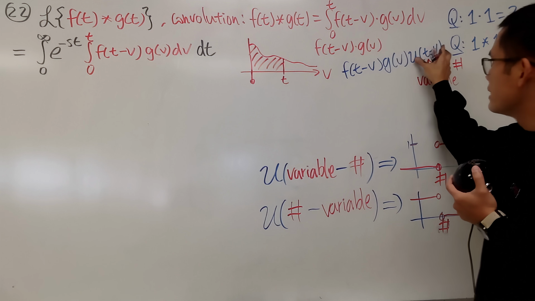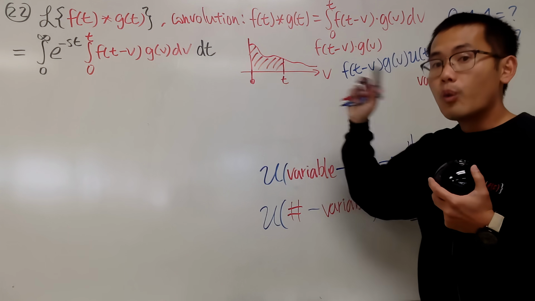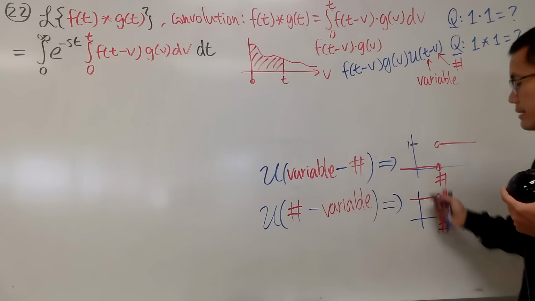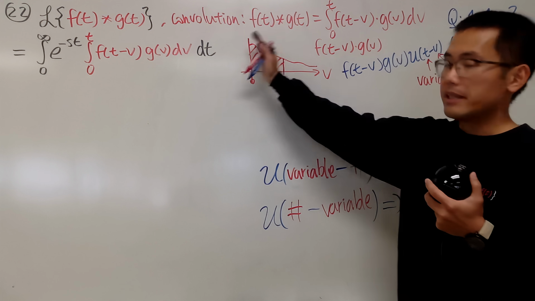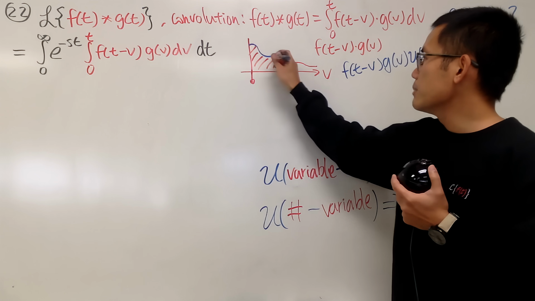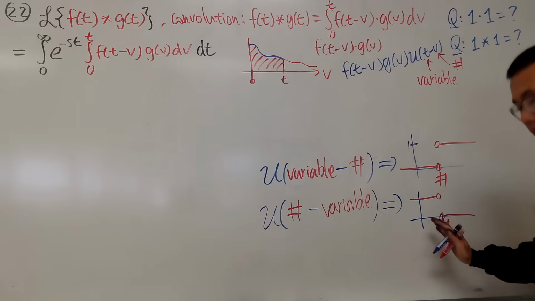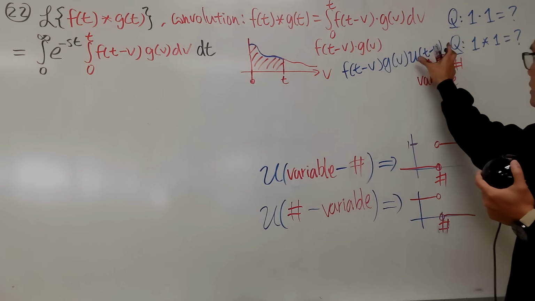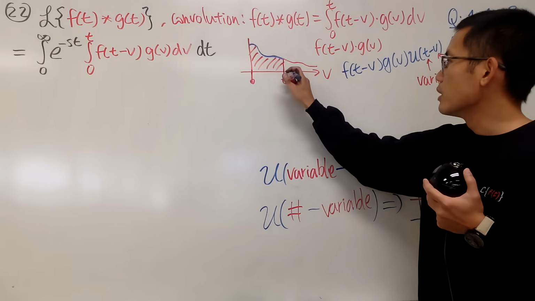When I multiply this with the function, anything before it maintains, so the blue portion still maintains. And anything after that becomes 0, and 0 times that will just give you 0.